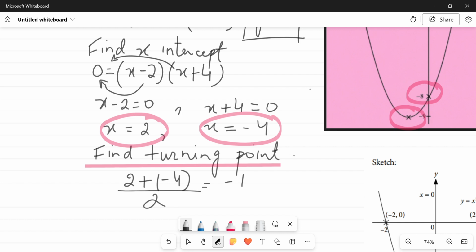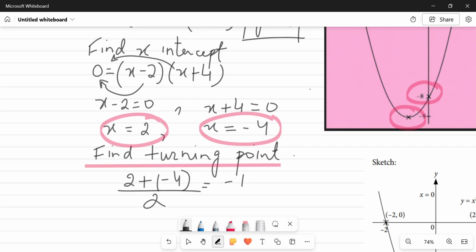Now after that, we need to find the y coordinate of the turning point. We have found the x coordinate, and now we need to find the y coordinate.